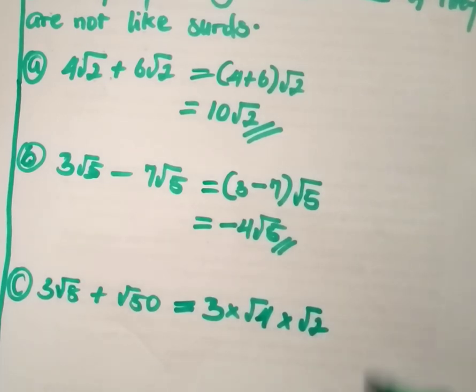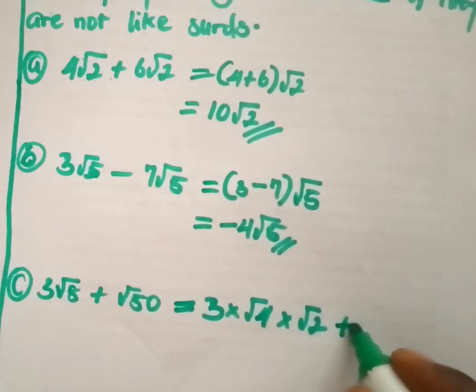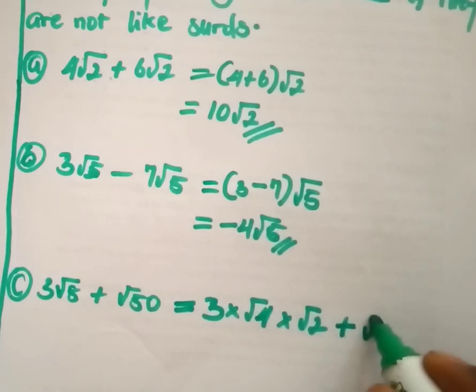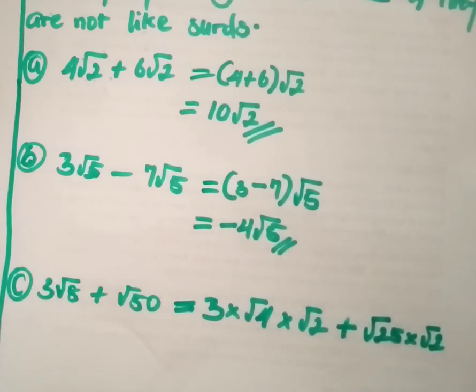So write it as 3 times root 4 times root 2, which when you multiply 4 and 2, they will give you 8. And as for 50, plus root 25 multiplied by root 2, when you multiply 25 and 2, they will give you 50.